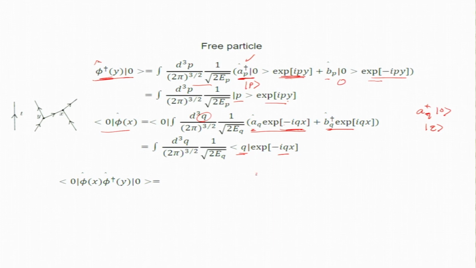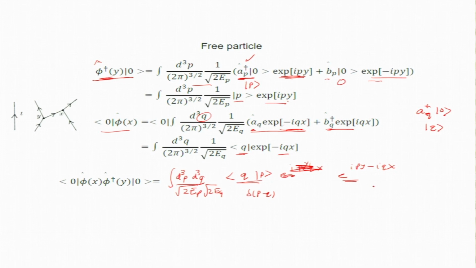The C numbers, and I am going to get P and Q, and two integrals dP, dQ, and this is 1 over square root 2EP, square root 2EQ, exponential minus I P minus Q, Py minus IQX, exponential IPy minus IQX. What is this? The delta function, no? So, delta P minus Q. So, P must be equal to Q.